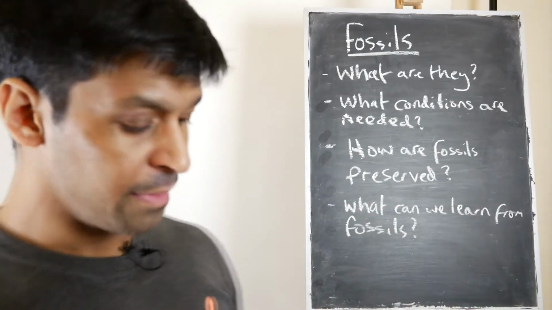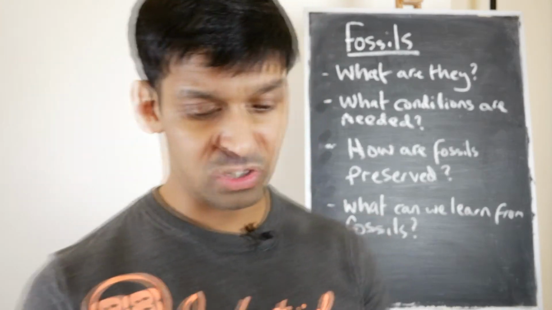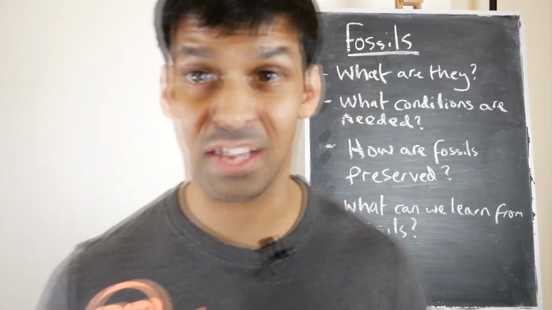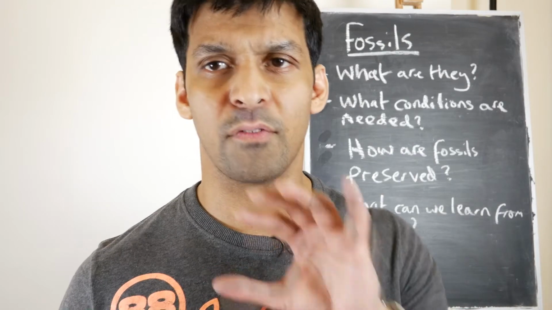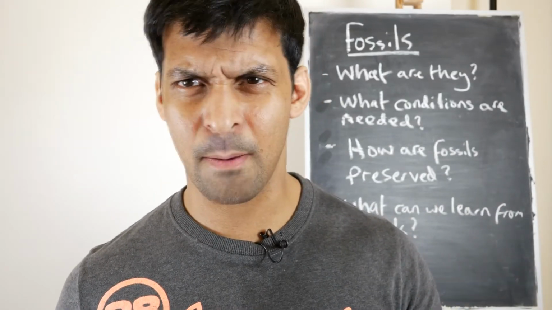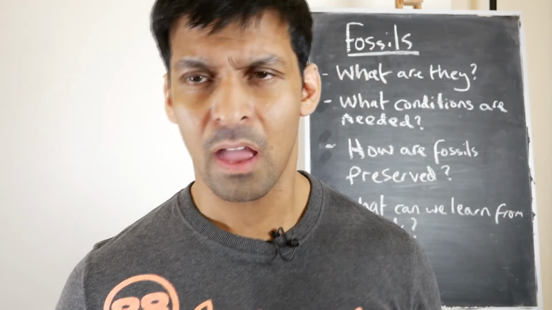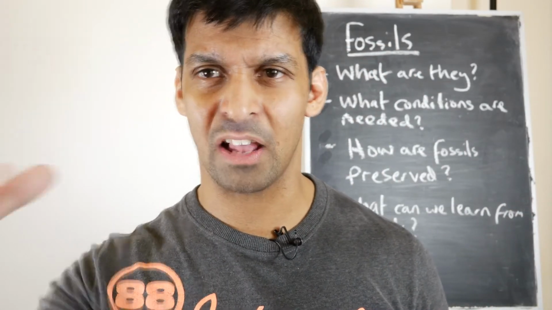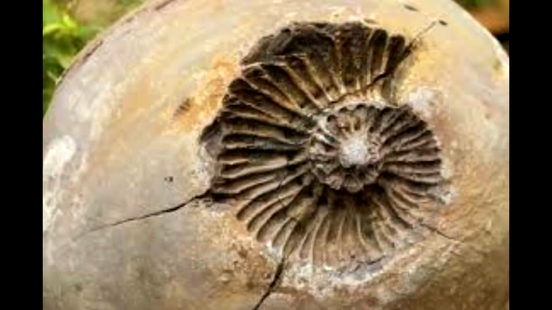The next one on the list is molds and casts. This comes together. This is when you have none of the original organism left in your fossil. You may be thinking, how is it a fossil? Well, if you grab a seashell and press it into some sand, you're going to be left with an impression of the seashell.